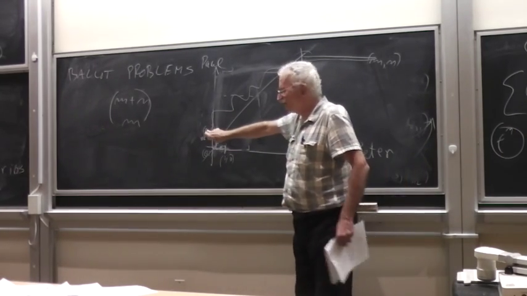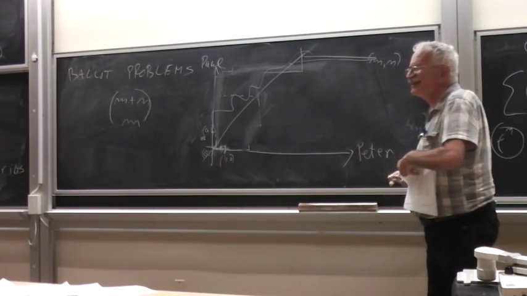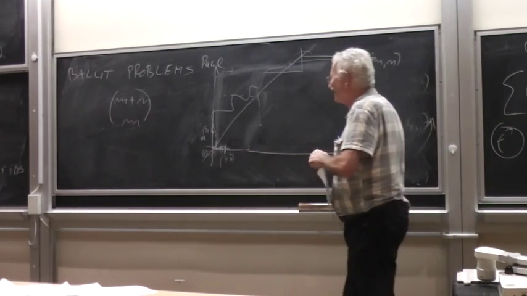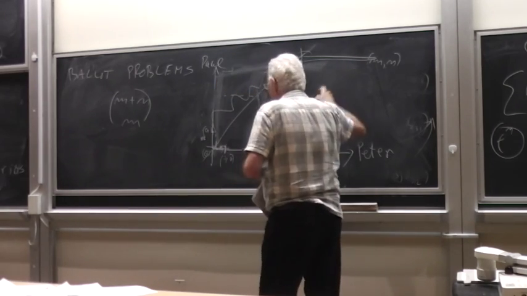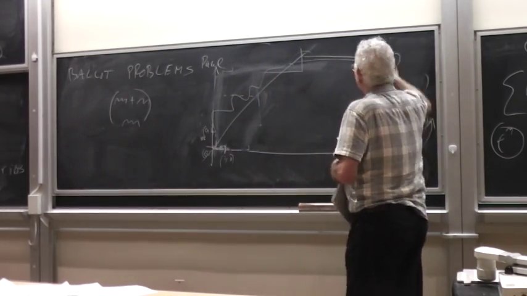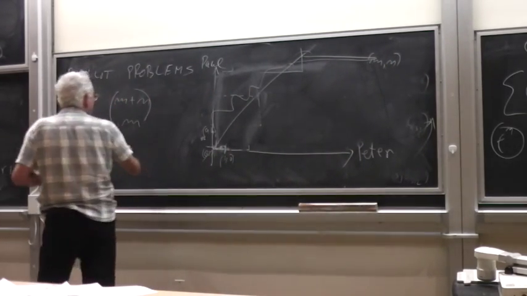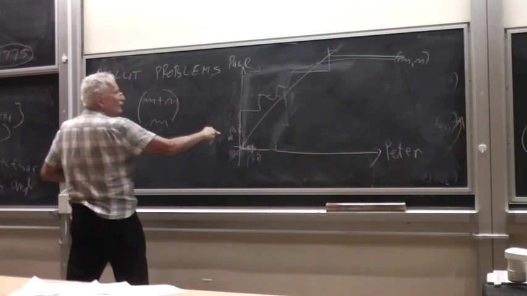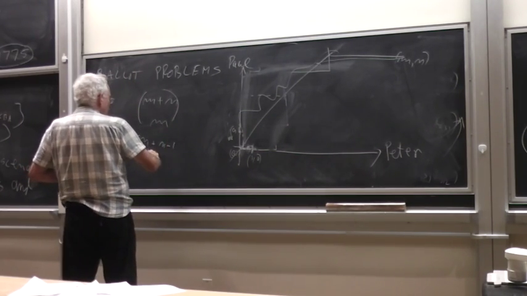So every walk from 0, 1 to (m, n) is a bad walk. So the number of bad walks from 1, 0 to (m, n) is essentially the number of bad walks from 0, 1 to (m, n). But since all the walks from 0, 1 to (m, n) are bad, the number is (m plus n minus 1 choose m).